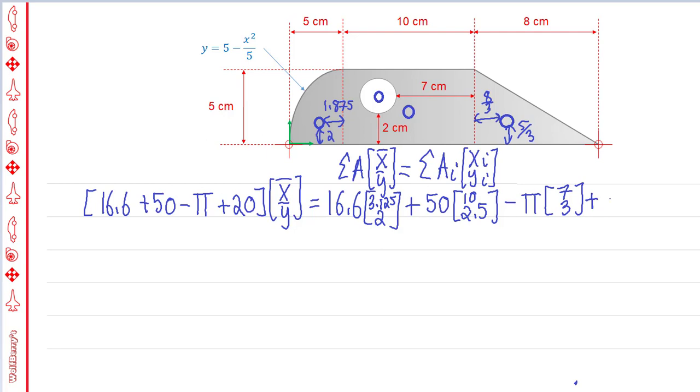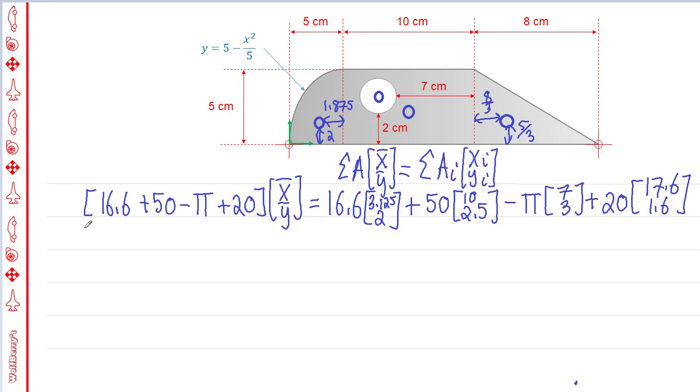Don't forget to multiply by the area first, then multiply by 17.6. And then similarly here, except here we don't have to add or subtract anything. You can see it's already on the axis, the x-axis. So y bar is 5 over 3, which is equal to 1.6 in decimal figures.